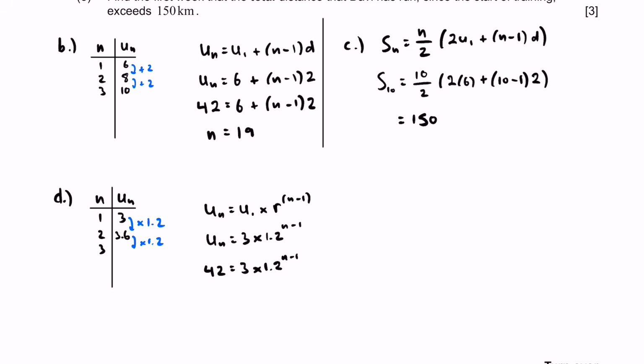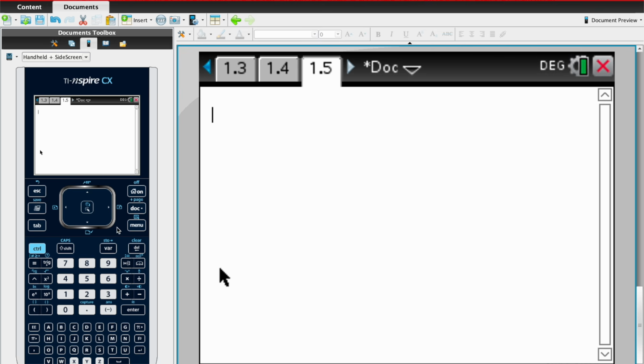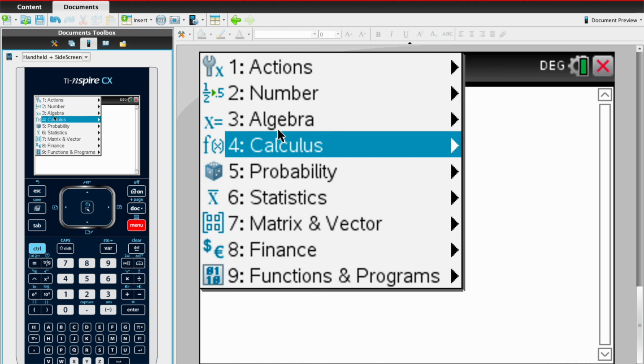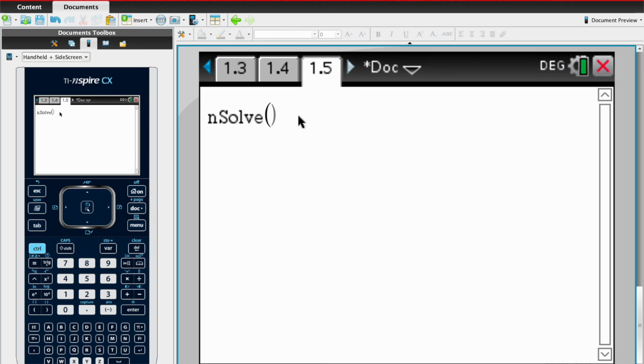We've got an equation with one unknown. We can go ahead and solve this. So, menu, algebra, numerical solve. 42 is equal to 3, multiplied by 1.2, raised to the power of n minus 1. Ask the calculator to solve for n.